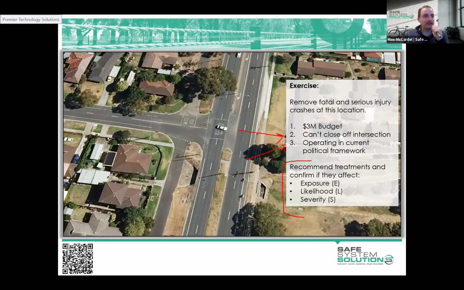Don't trust me, get a second opinion. Give you 30 more seconds and then we'll go through some of these treatment suggestions.